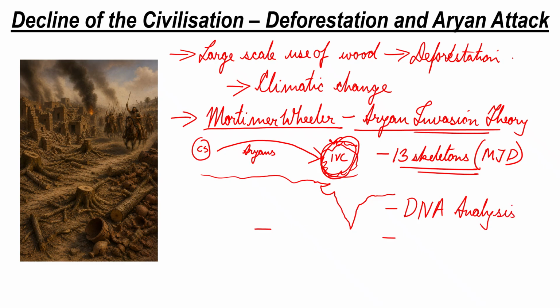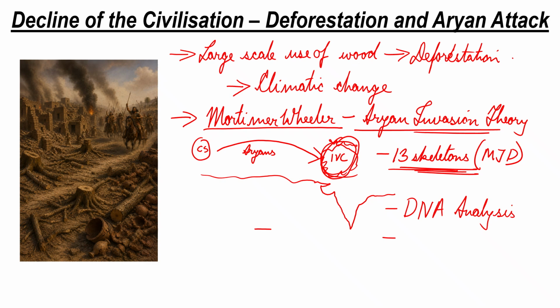and many other scientific researches which show that these 13 skeletons were skeletons of the Indus Valley people only. They may have died because of some regional conflict, and a war where a whole civilization would be destroyed will definitely have a lot more than 13 dead bodies.